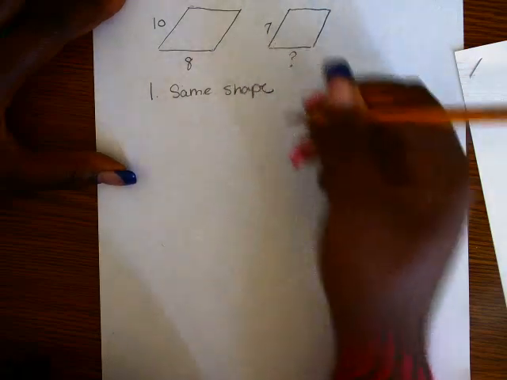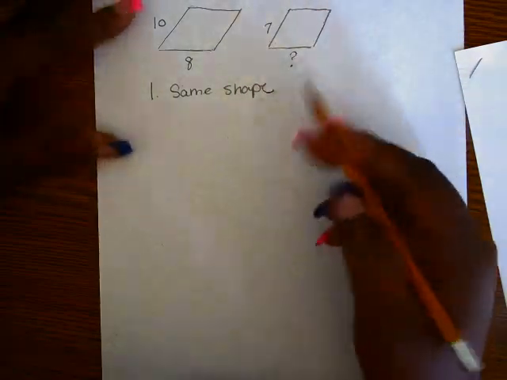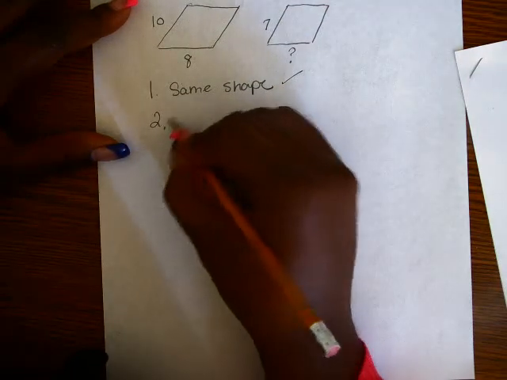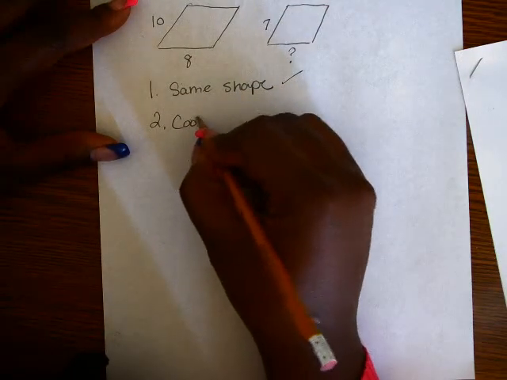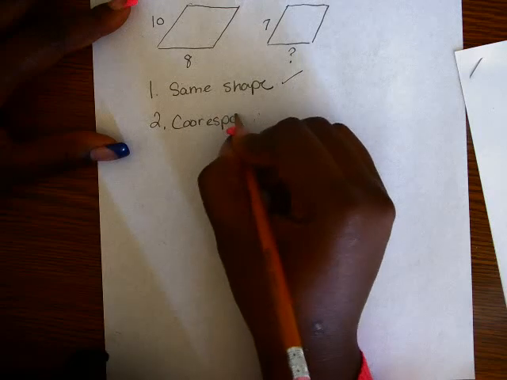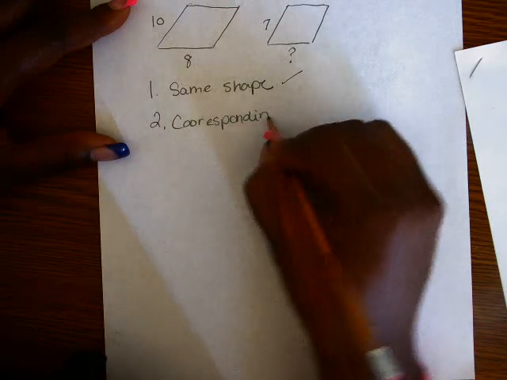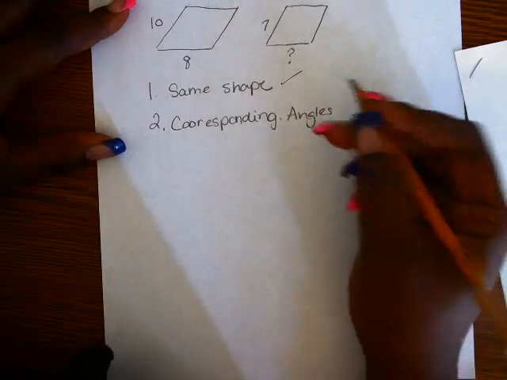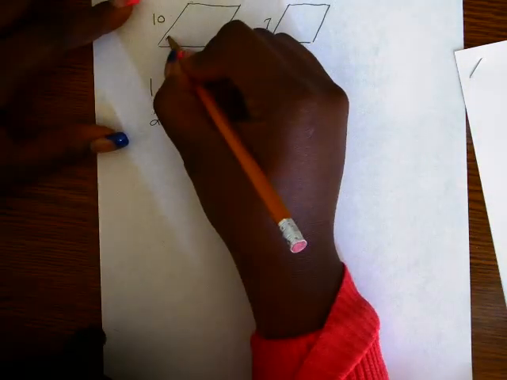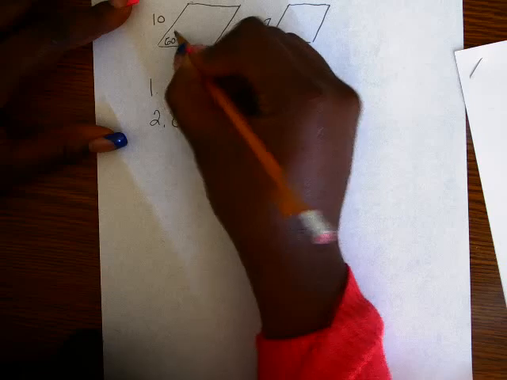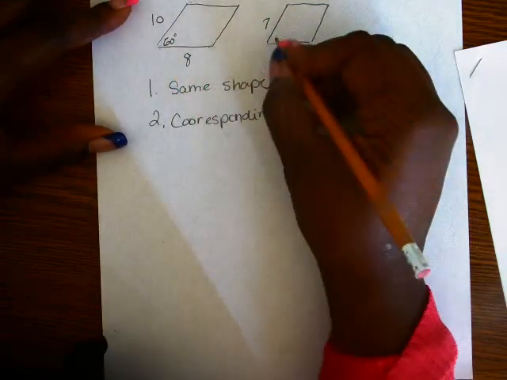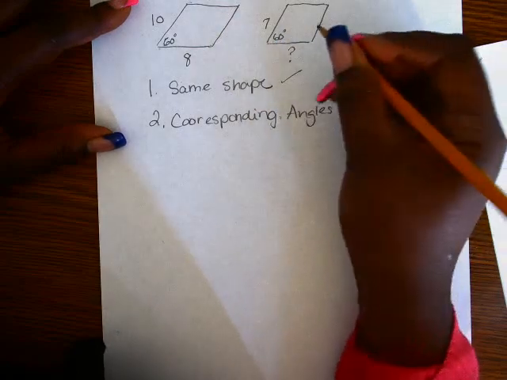I know my drawing is just a little off, but they are the same shape. So that's a check. The next thing is, do they have corresponding angles? What that means is that if I say this angle is, let's say, 60 degrees, then this angle looks exactly like that angle, and it should also be 60 degrees.